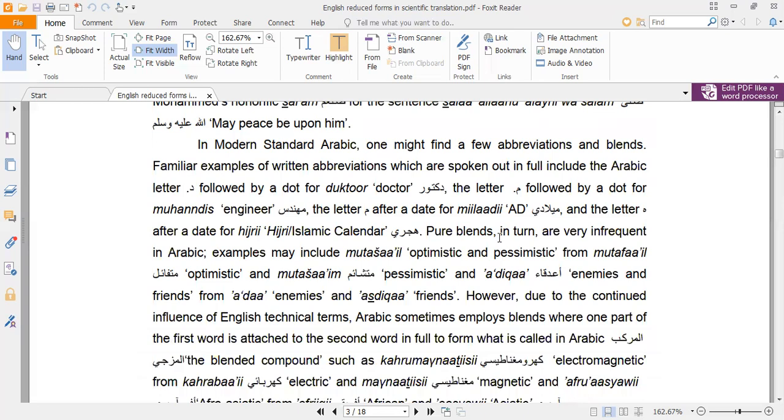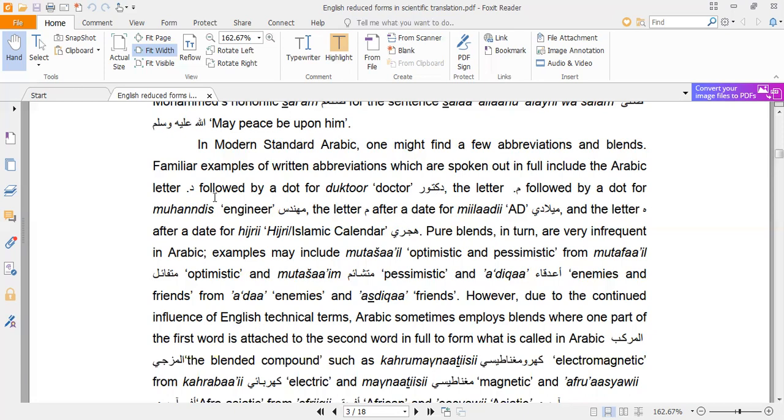Also, in modern standard Arabic, abbreviations and blends are usually very, very few. For example, look at دال. We always use the letter دال, for example دال محمد or دال زلفة. Here we mean دكتور محمد or دكتورة زلفة, or something like this. So دال is used to denote doctor, but it is not pronounced as دال.